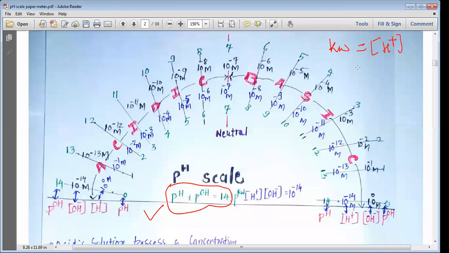Now we have just seen that Kw is nothing but the constant product of the concentration of OH minus and H plus, and that is 10 to the power minus 14, my dear students.